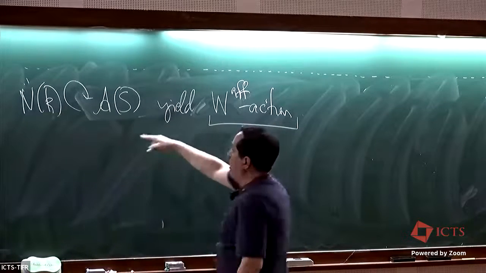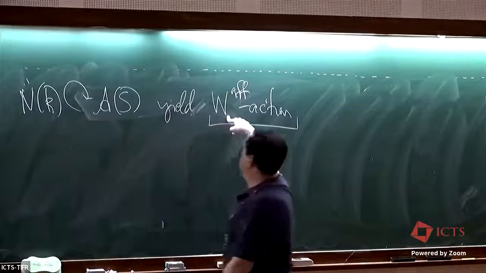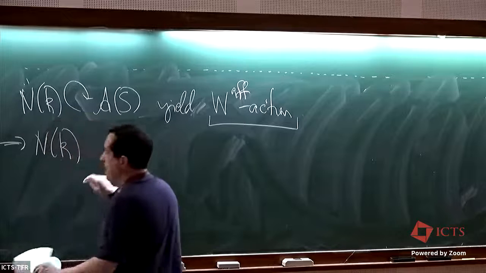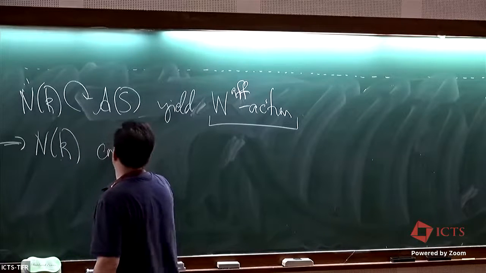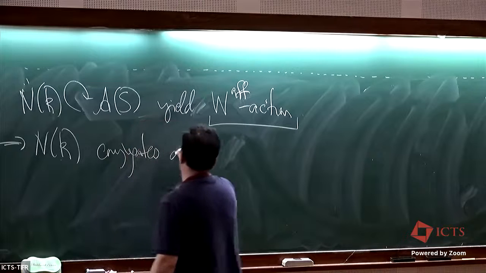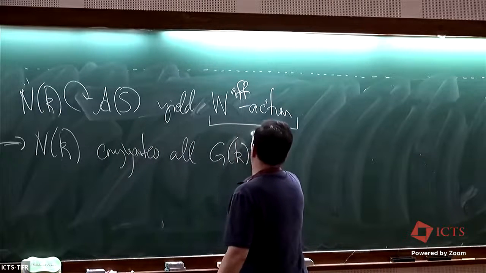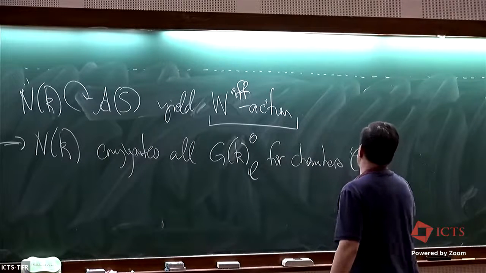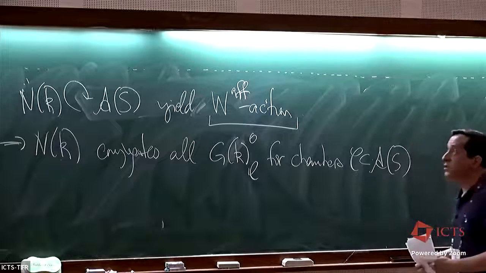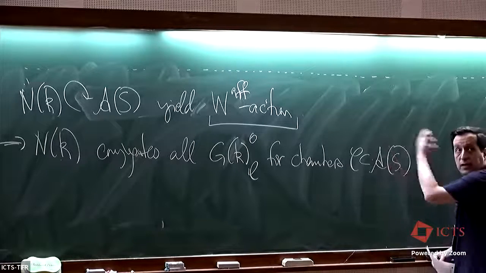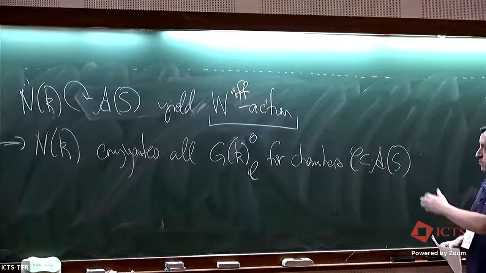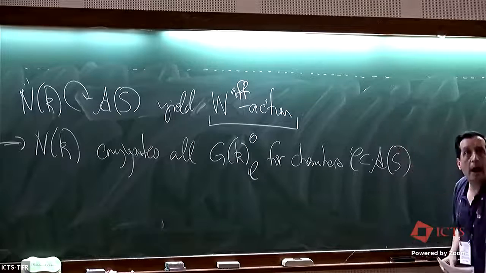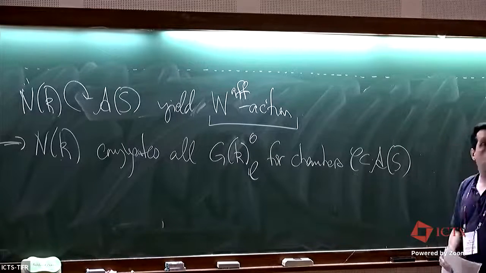So the upshot is that under this action, we get at least the full action of the Weyl group, and therefore we see that N(k) conjugates all these groups for all the chambers C in A(S). On the other hand, G(k) actually transitively permutes all the different S's. And if you have an element of G carrying one S to the other, then of course the polysimplicial apartment will be carried to the other polysimplicial apartment, and so those chambers will also be carried around.